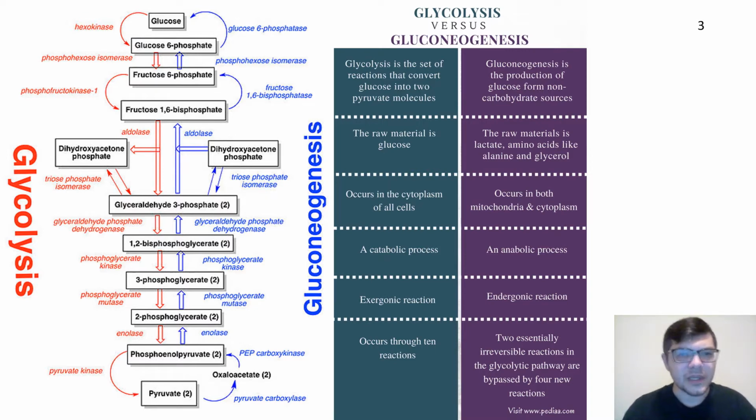So whereas glycolysis happens everywhere, gluconeogenesis is responsible for producing the raw material for glucose, as it says in the chart. So I'm at the second points in the chart now. With gluconeogenesis, it says the raw material is lactate, amino acids like alanine and glycerol.